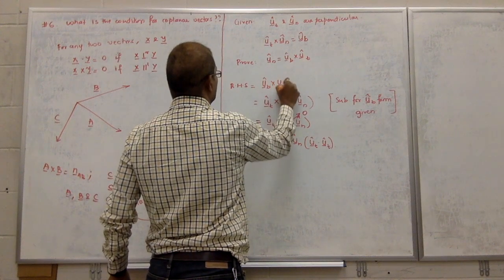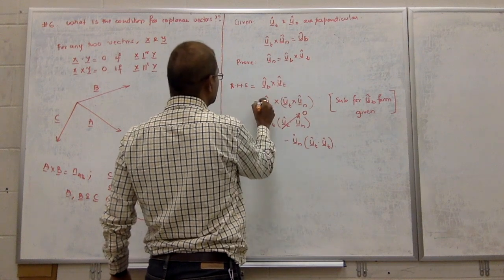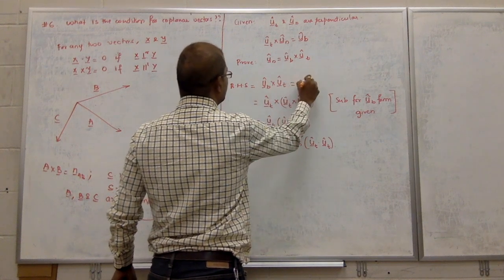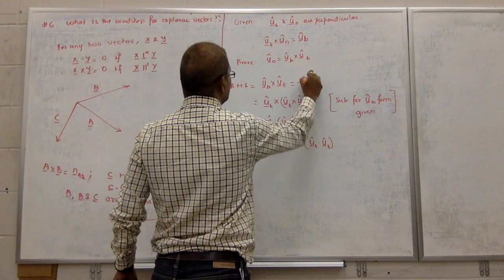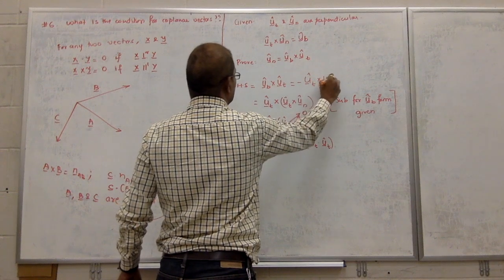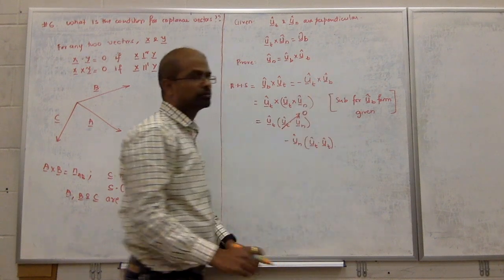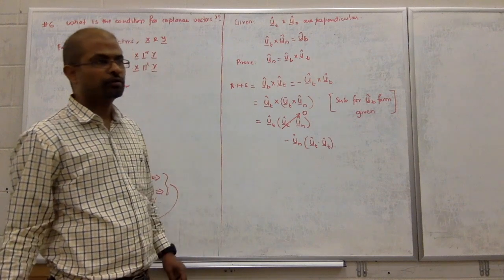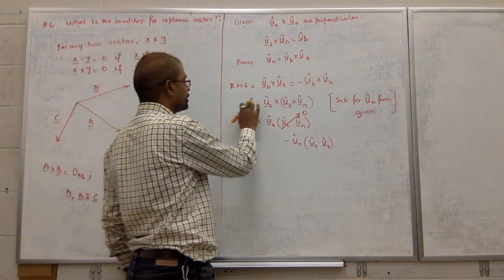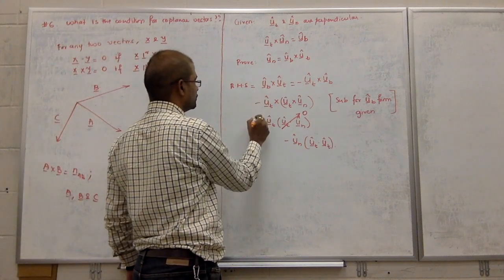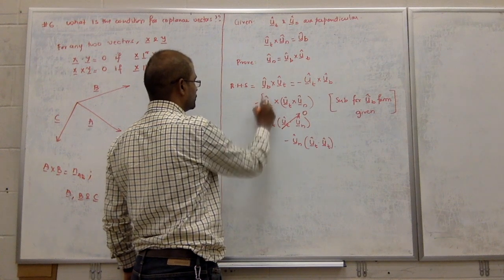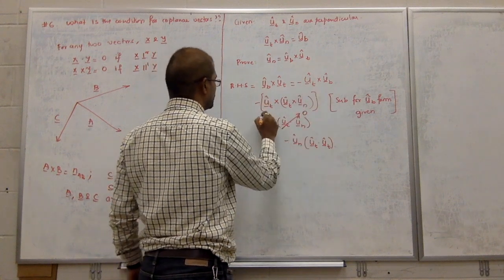UT, and I substitute for it, so this will be negative UT cross UB. Okay? And this whole negative thing will be there.